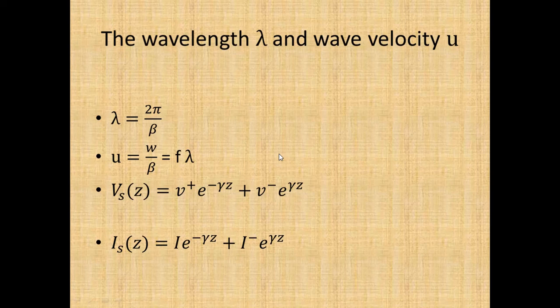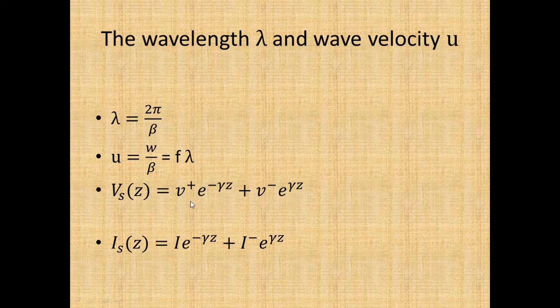Now we solve this equation, and we get two parts: V plus e raised to minus gamma z, and V minus e raised to plus gamma z.